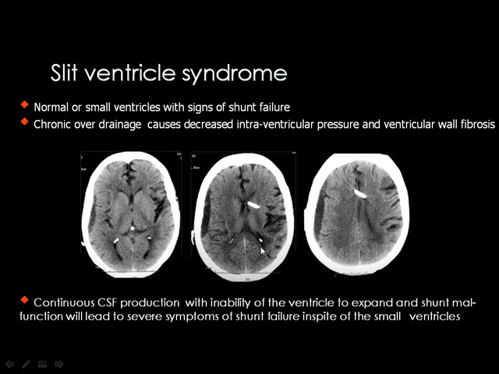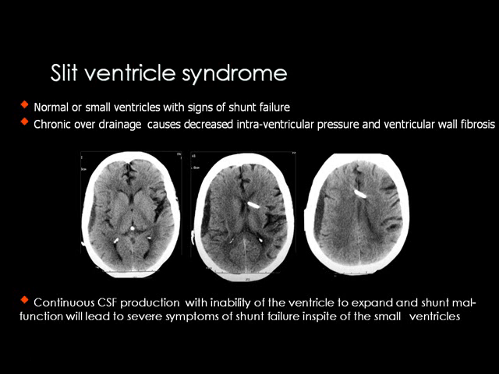In cases of a chronically draining shunt tube, the ventricles are collapsed and with time the ventricular wall becomes fibrosed. Then the shunt tube, due to any reason, will become blocked. And the choroid plexus will continue to secrete CSF, and the ventricles, because of fibrosis of their walls, cannot re-expand.